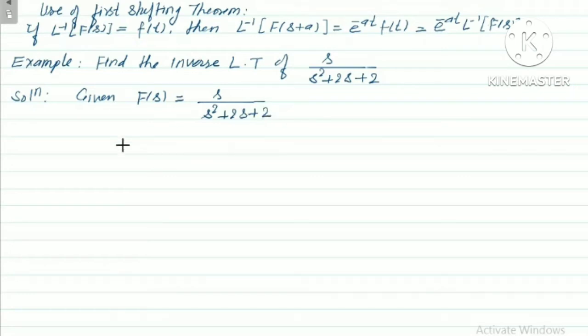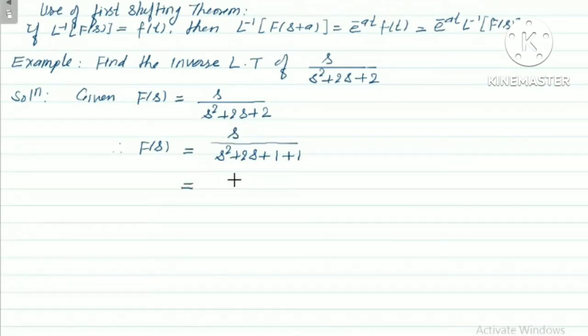Therefore this function can be written as F of s equal to, first we write the denominator, then we adjust the numerator. So s square plus 2s plus 2 can be written as s square plus 2s plus 1 plus 1. 2 can be written as 1 plus 1.